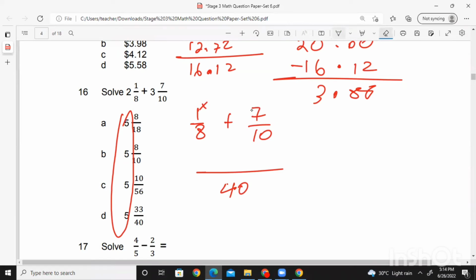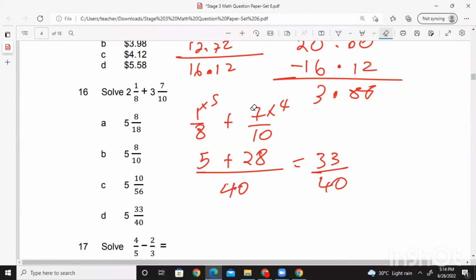That's 5, and 5 times 1, that's 5. 10 into the 40, that's 4. This is the 28, all right? And then when you add this, you're getting 33 over 40, which means that everything is 5 and 33 over 40. All right, so because I was only working out to see the extra pieces, because we know we'll get a 5 by adding the 2 and the 3 already, and everything had 5, as you could see.